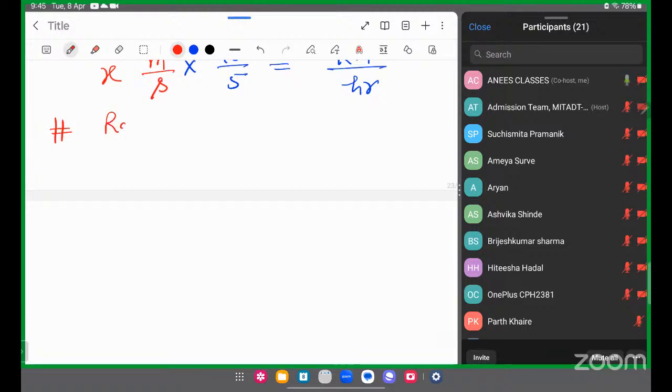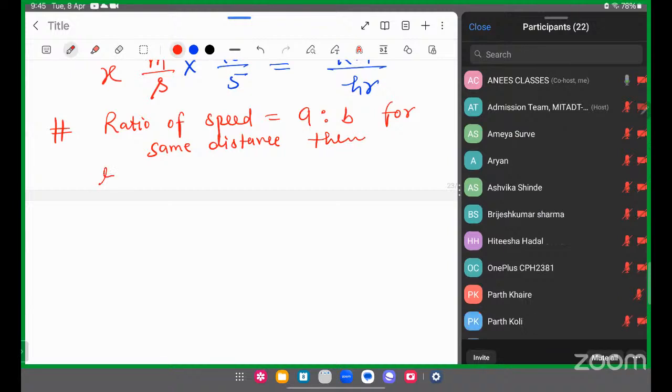If the ratio of speed is A is to B for the same distance, then the ratio of time will be 1 by A is to 1 by B, or B is to A.